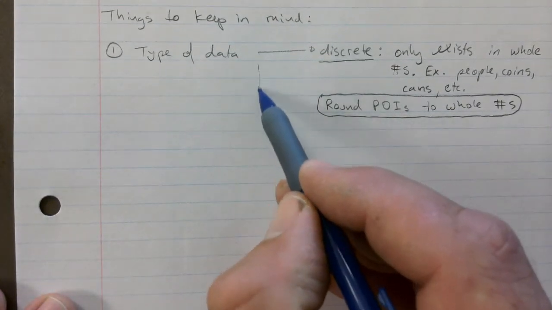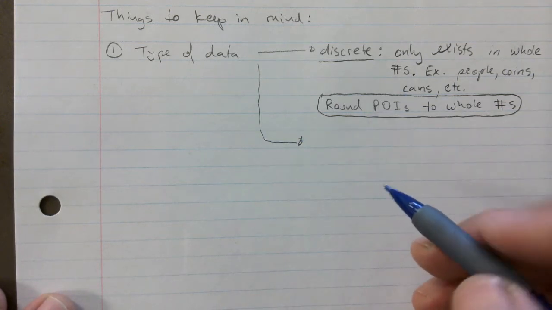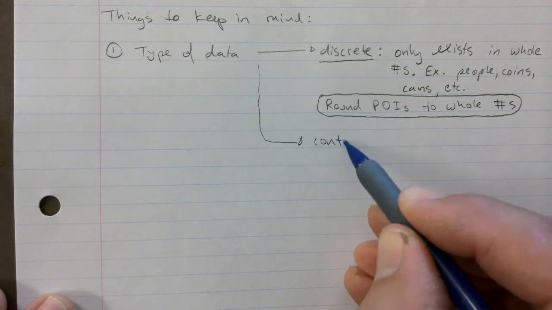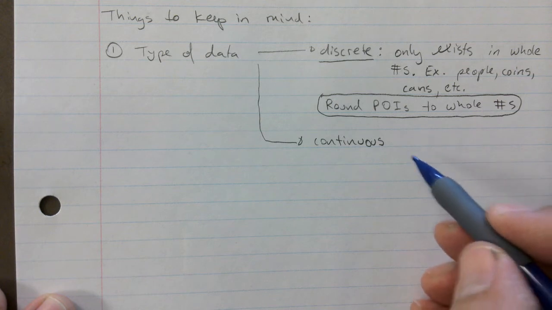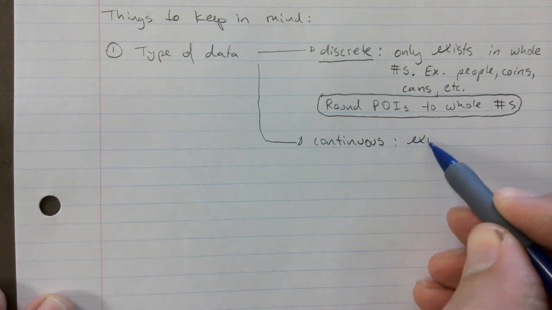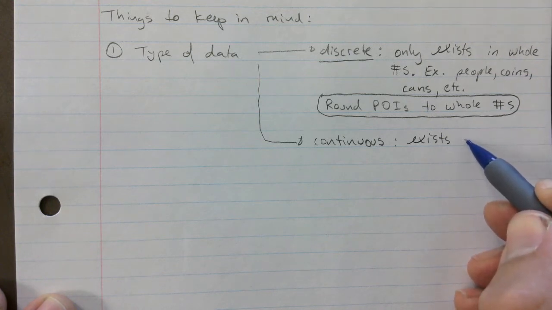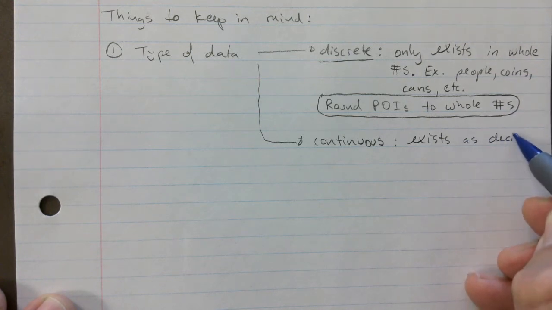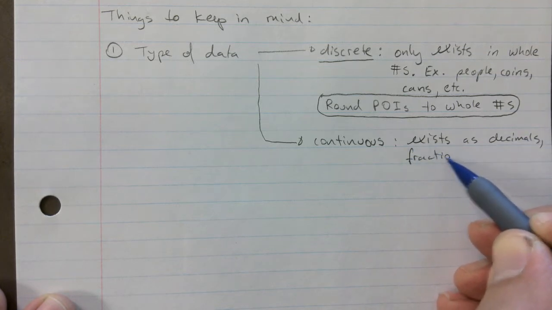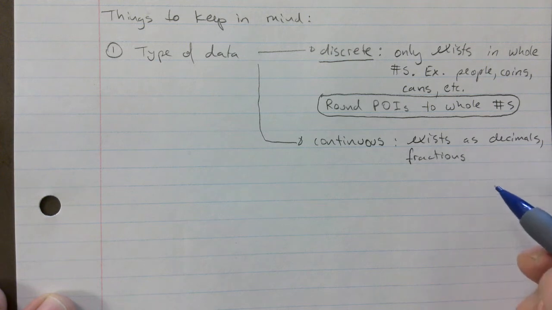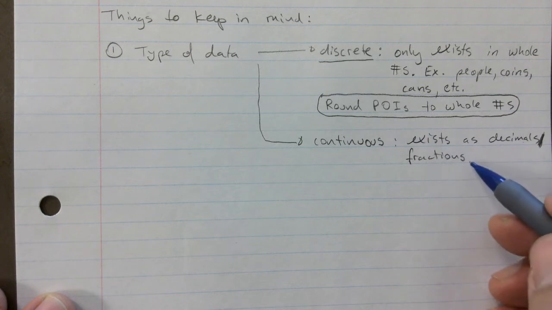Okay. The other option you have is, anybody remember? Continuous, yeah. Continuous data, right, exists as decimals, fractions, sorry, I meant to say decimal slash fractions.